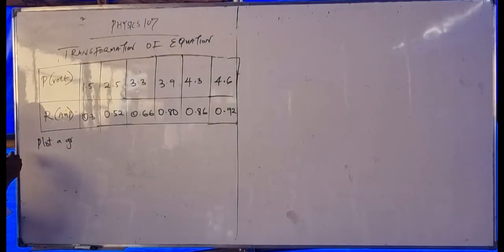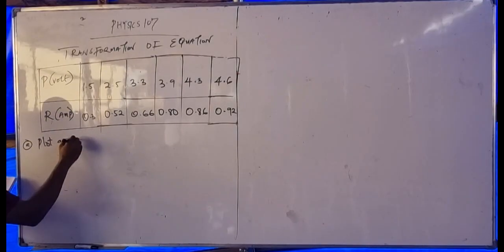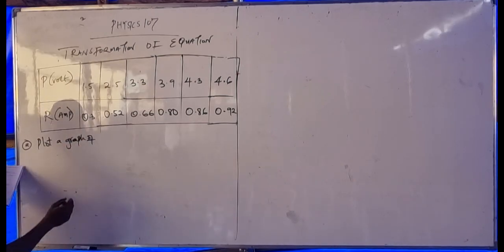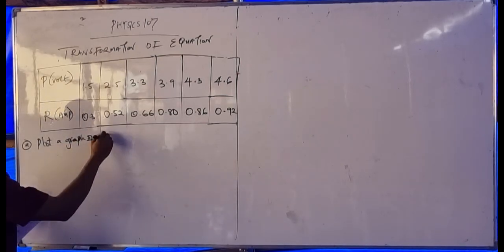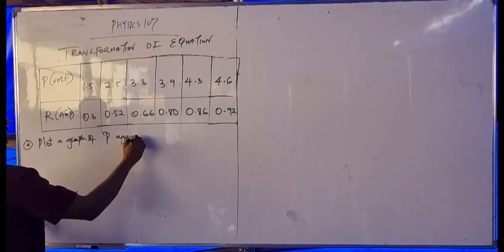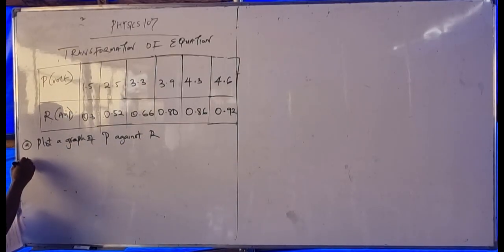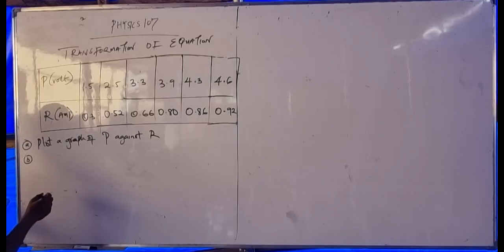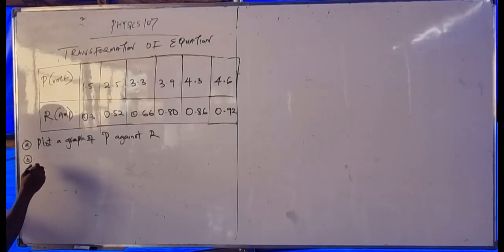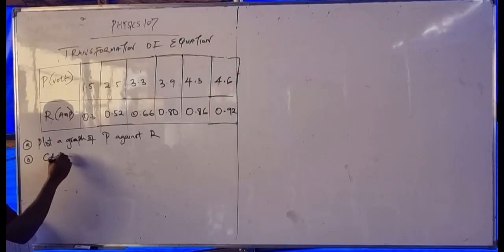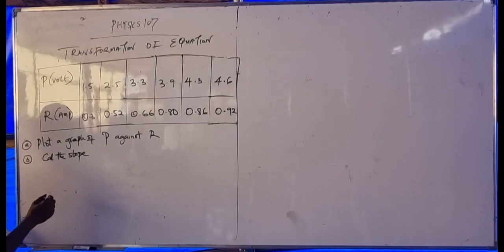That's the first question. Plot a graph of P against R. The B part says calculate the slope.